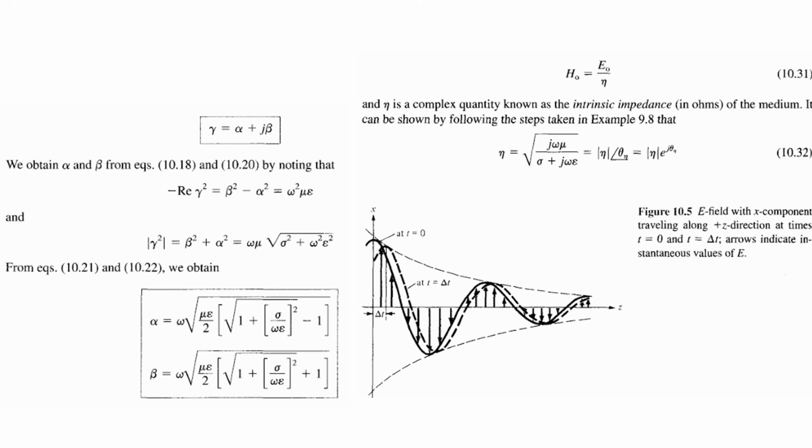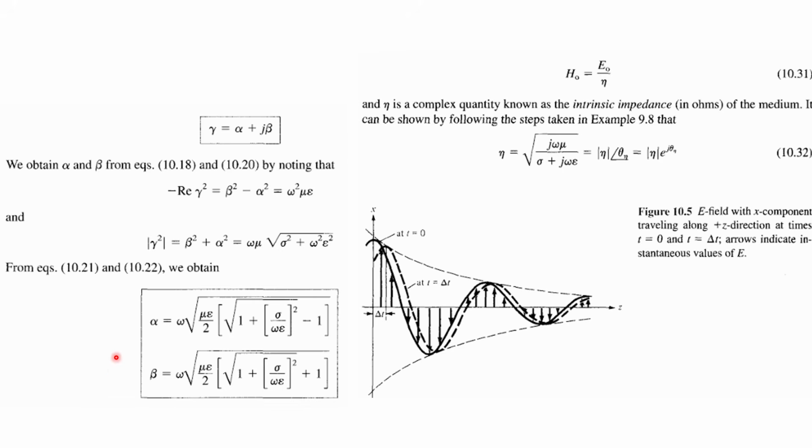Let me try to highlight. So here are the final values of alpha and beta. You should remember these values because we are going to utilize alpha and beta to characterize how plane waves behave in different mediums. All those things depend on the values of alpha and beta.